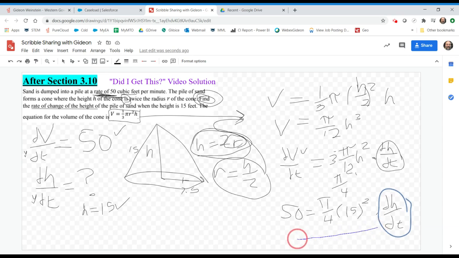dh/dt, when you solve, without thinking about it, right? It's 50 over, sorry about that, pi over 4, and then I'll just make the 15 into 225. You can see a bunch of 25s in there, right?